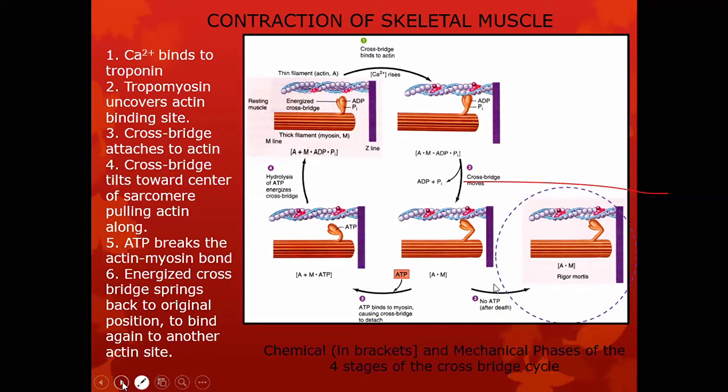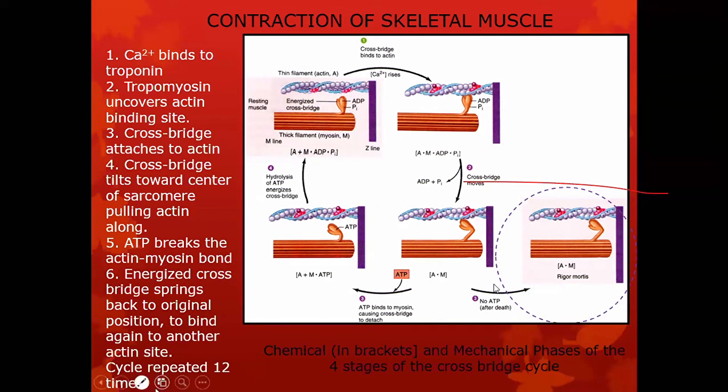So the energized cross bridge springs back to its original position, and it will bind again to the next actin site, okay? This will repeat 12 times. Your thin filament is moved towards the center, but your myosin will stay put.